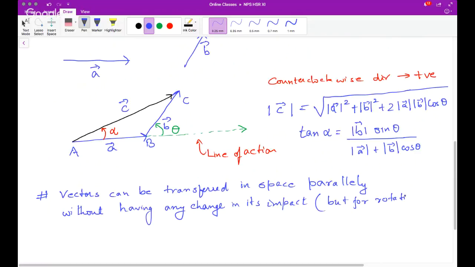If you shift any vector in space parallelly, it will have the same impact, but the rotational impact changes. Barring that, everything remains the same.